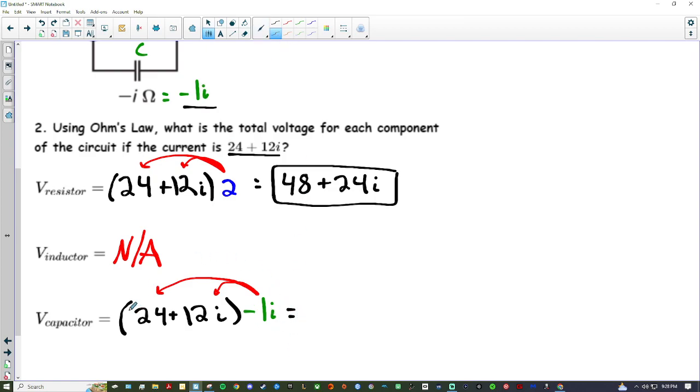Negative 1i times 24 is negative 24i. Negative 1i times 12i is negative 12i squared. We have to be careful: our i squared becomes negative 1, so negative 24i minus 12 times negative 1.